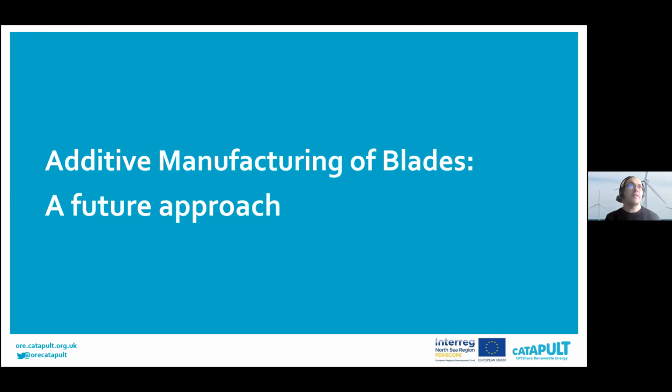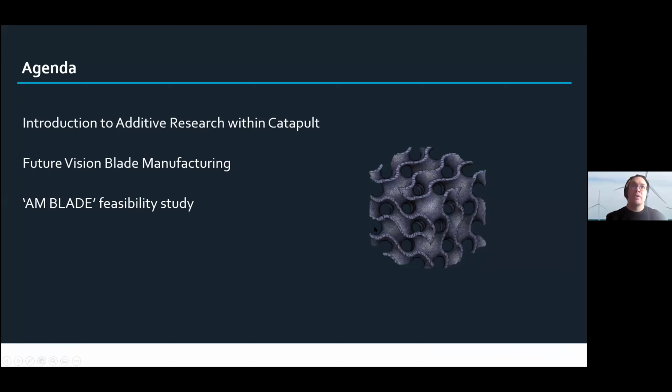My name's Dr. Mark Forrest. I'm the Blades Research Leader within RDI. And today I'd like to take an upper level look at the future for blade manufacturing. In doing so, I'd like to look at three main areas. Firstly, I'll give a little introduction to additive research within the Catapult.